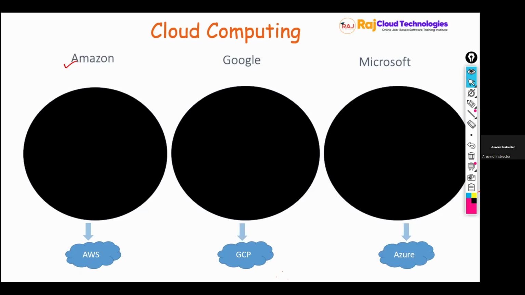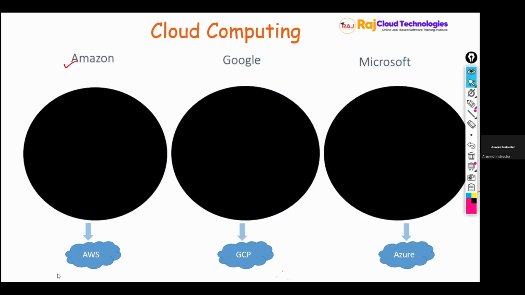If you want to start an IT company from now onwards, you need not buy servers, keep a dedicated server room, or maintain them. Why? Because big companies like Amazon, Google, and Microsoft already have data centers in different parts of the world. Whatever infrastructure you need, you just ask them through a platform called AWS, GCP, or Azure. They will provide you services.